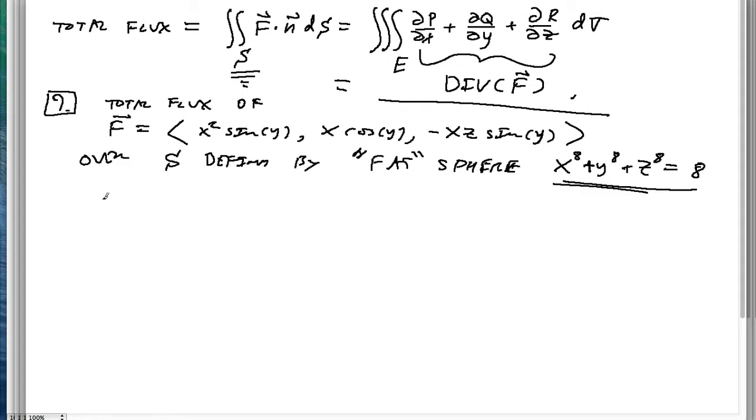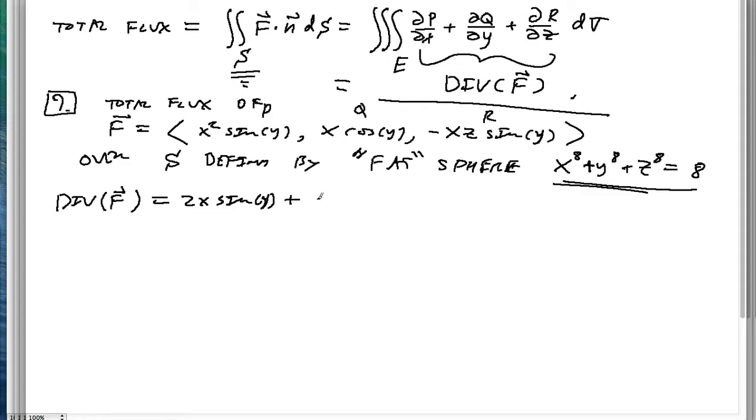So again, what we can do is compute the divergence, and that's going to be the partial of P with respect to x. In that case, it'll be 2x sine y. Okay, and we're going to add that to the partial of Q with respect to y.